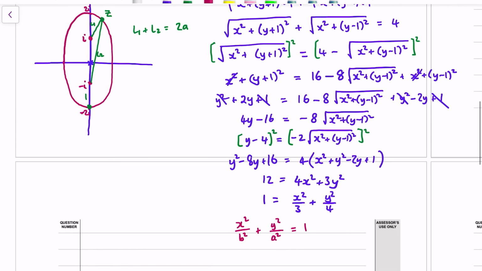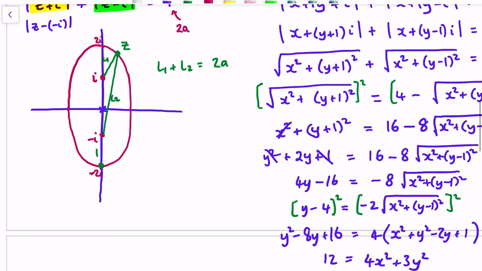But I could have got that straight from my picture: there's no brackets in the equation because the centre is the origin. The semi-major axis is the distance from the centre to the vertex, which is the length 2. It's 2 from the centre to the top. So I would have gone x squared over b squared plus y squared over 4 equals 1.